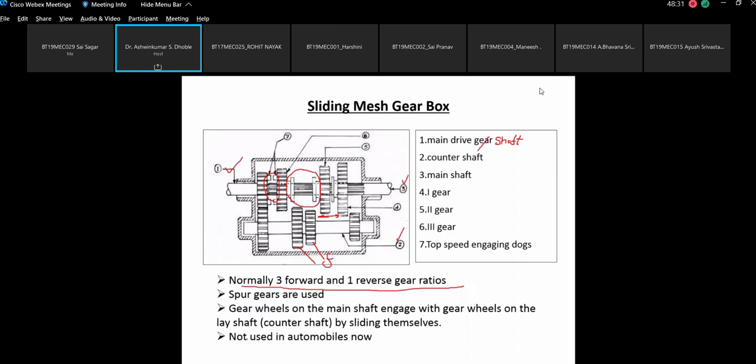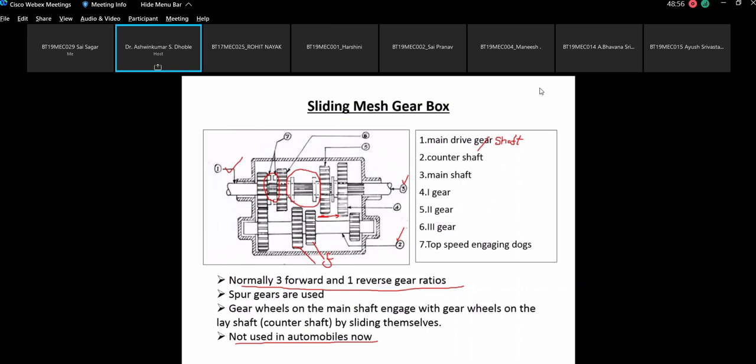Okay, it is not used in automobiles now because it suffers from certain drawbacks: during the engagement there is a problem of gear chatter and other things. The engagement is not smooth, so nowadays it is not used, but previously it used to be there in the vehicle. So we are covering everything right from the beginning to today's transmission system.